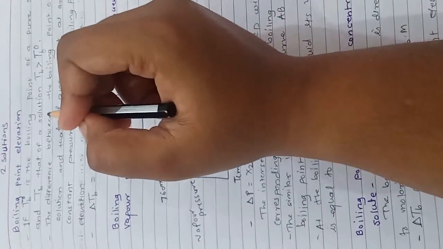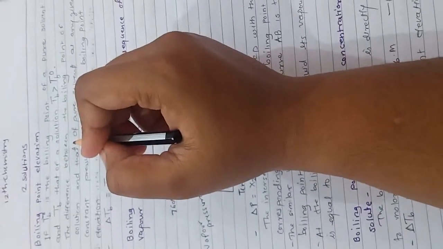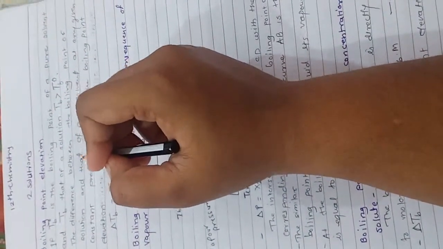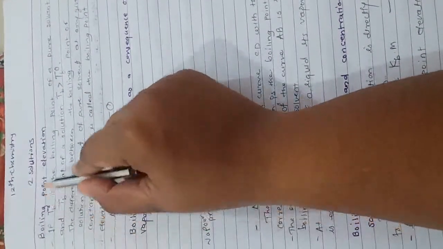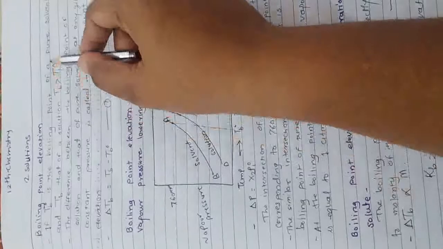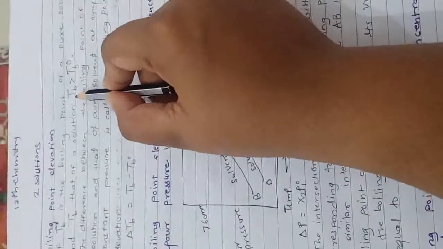The solution containing non-volatile solutes boils at a temperature higher than the boiling point of the pure solvent. If Tb0 is the boiling point of the pure solvent and Tb that of the solution, then Tb is greater than Tb0.